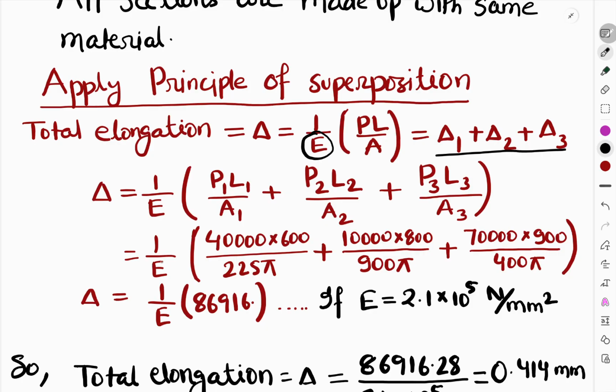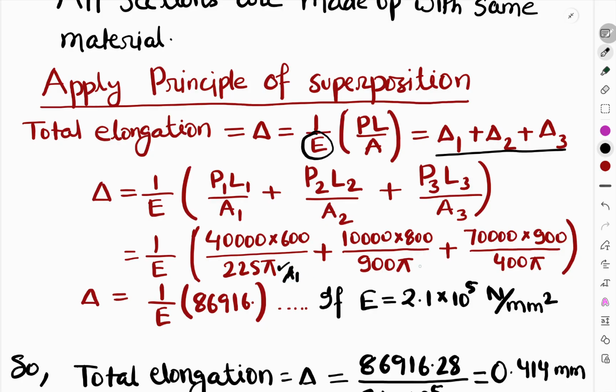Next, here 1 by E is common. Now P1 we have 40 kilonewton, so we will make it into Newton: 40,000 into 600, that is L1 length, divided by 225 pi, which is the area A1.